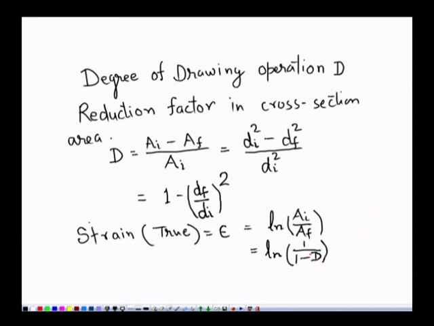So the initial and final areas are there, and the log of their ratio is taken as the true strain.